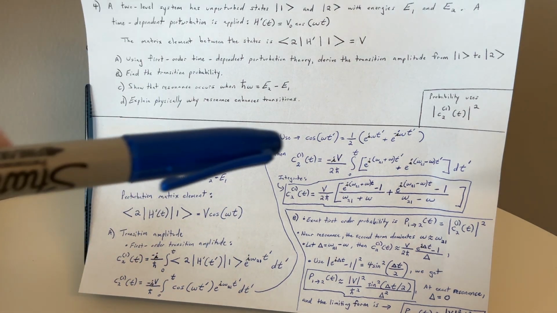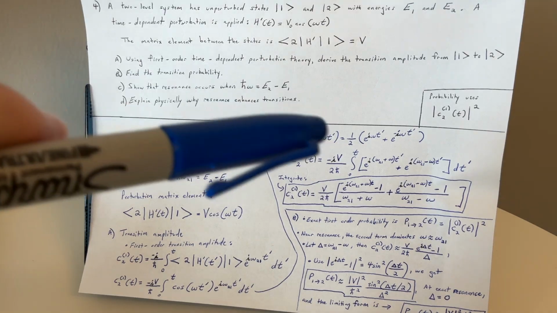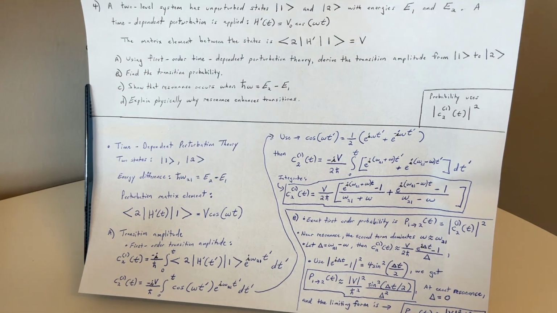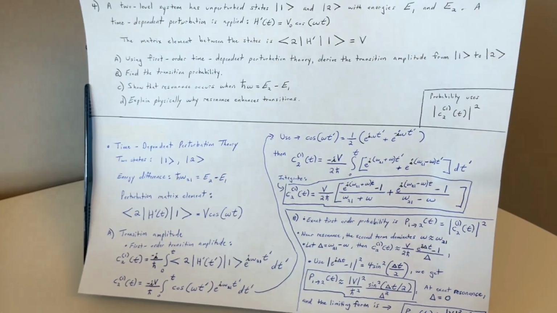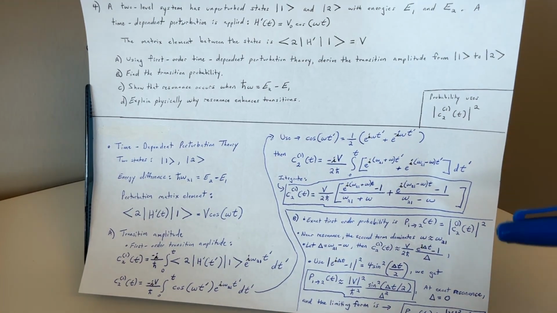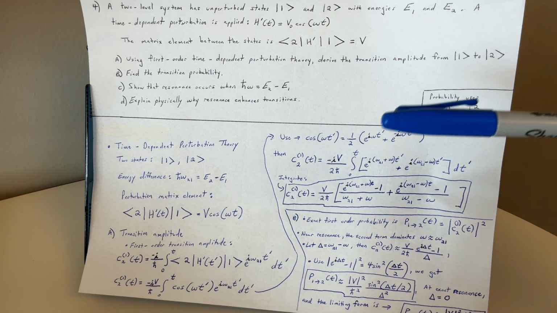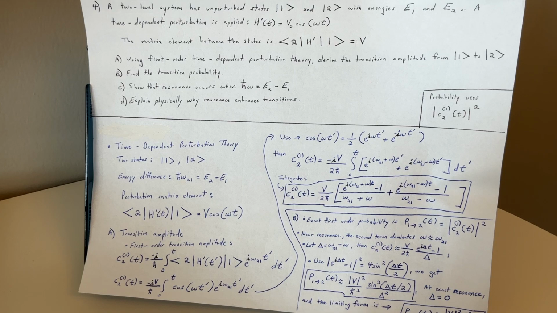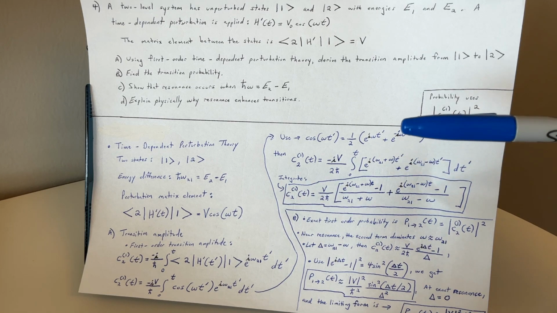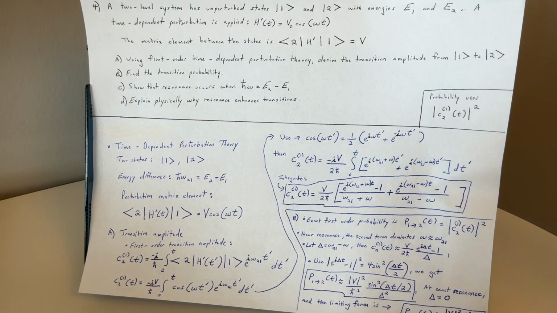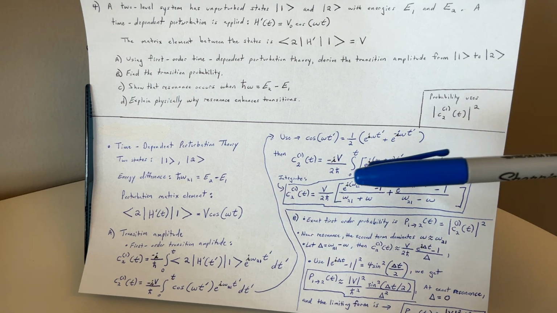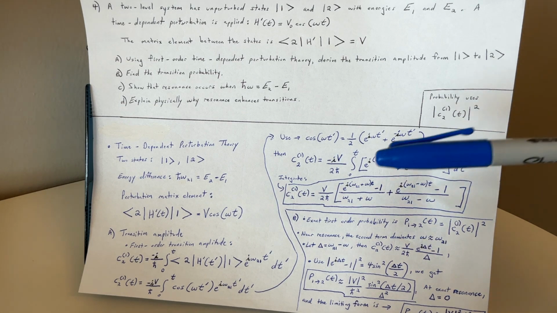Now we're going to split this up, using cosine of omega t prime equal to 1/2 times e to the i omega t prime plus e to the negative i omega t prime. My apologies, I keep saying W; I mean omega.